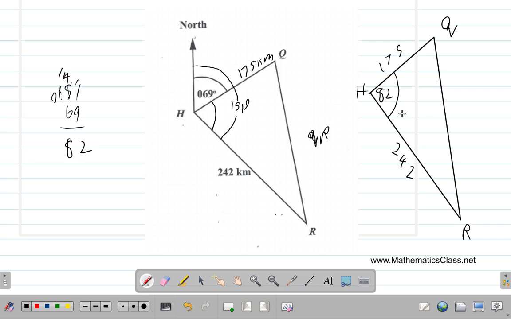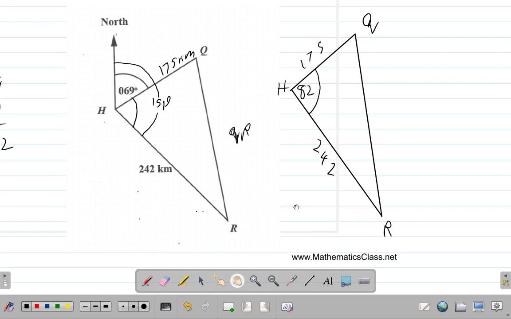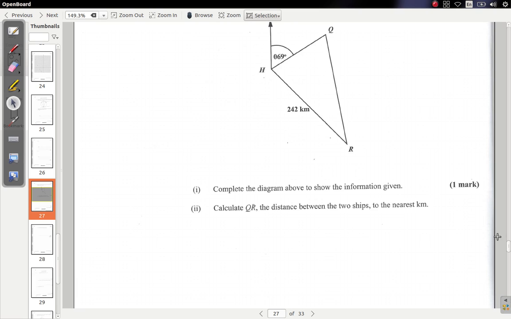Remember, you must show all working and write enough when you come to the exam, right? Now, we can use the cosine rule. The sine rule won't work. Once you have two sides and the angle between them, you have to use the cosine rule. And sine equals opposite over hypotenuse won't work because it's not a right angle triangle.